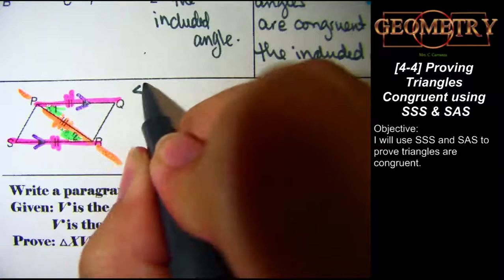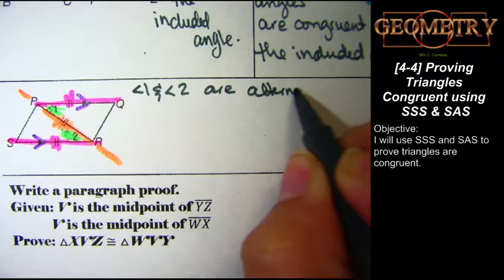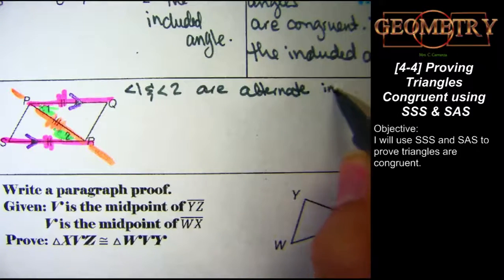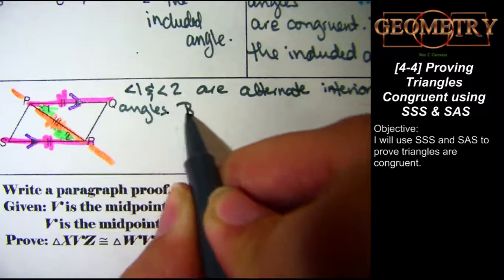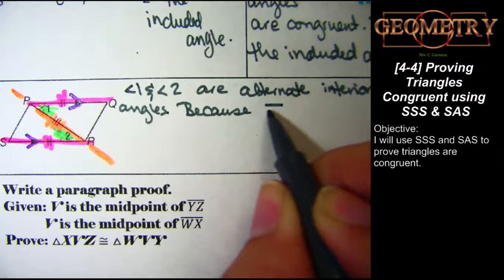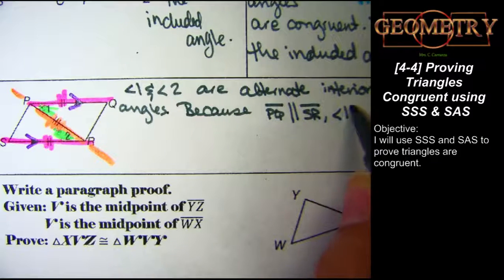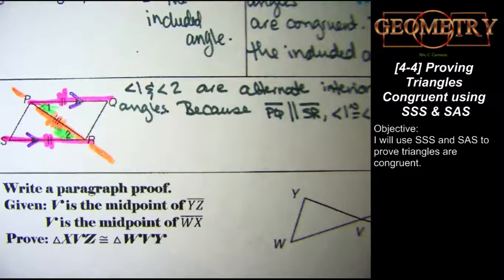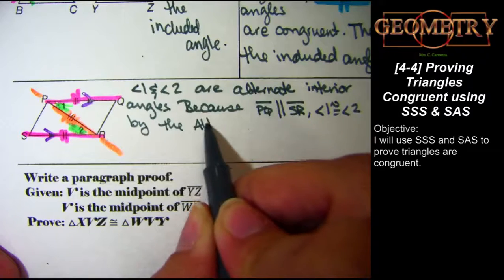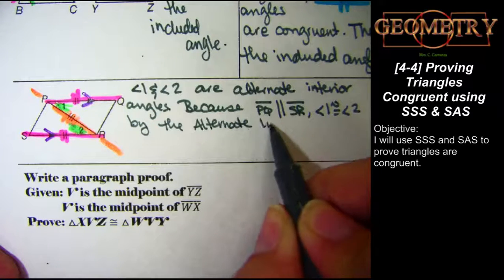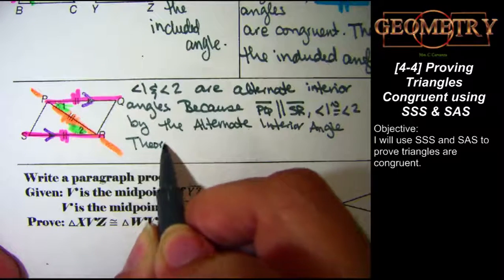Angle 1 and angle 2 are congruent alternate interior angles, because line segment PQ is parallel to line segment SR, angle 1 is congruent to angle 2 by the alternate interior angle theorem.